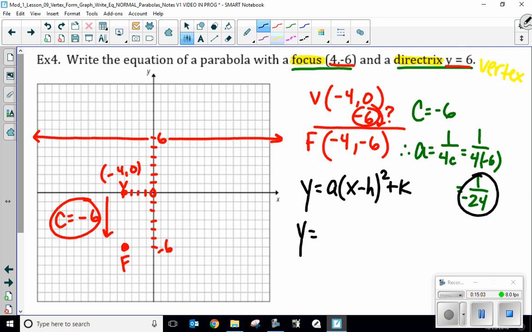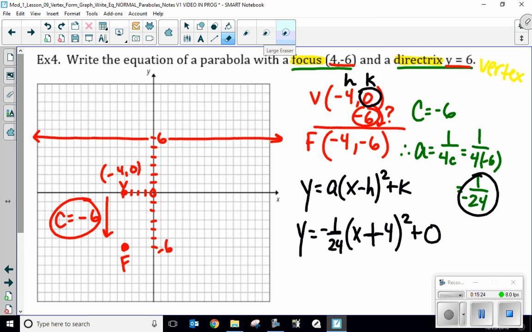A is negative 1/24. X minus H, our vertex are H and K, right? Minus a negative 4. When we subtract a negative 4, boom, it becomes plus 4, squared, plus K, which is 0. Okay, my answer doesn't need to have plus 0 at the end of it. When I add nothing to something, it remains itself. Okay, this is fine right here.